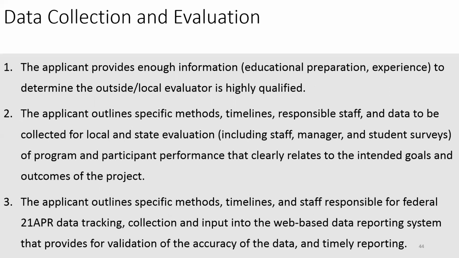Data collection and evaluation is pretty specific. There are four different things here, and if I were you, I would go through and identify the key words in thinking about how these things are different, because they have a lot of the same words in them. The first one is basically identifying the qualifications and experience for your evaluator. We want you to prove that your evaluator is highly qualified, and saying that they've done it for the last four years does not demonstrate that.